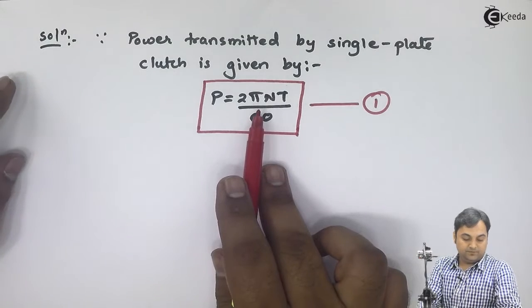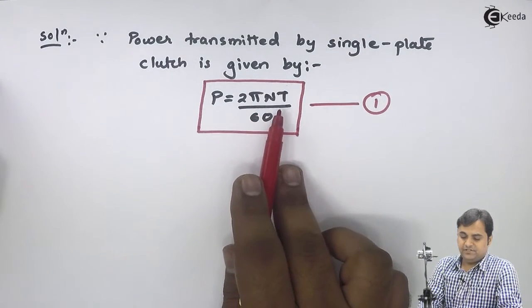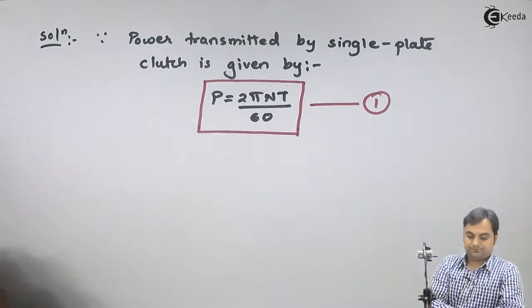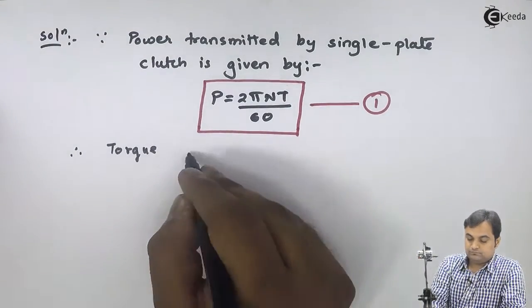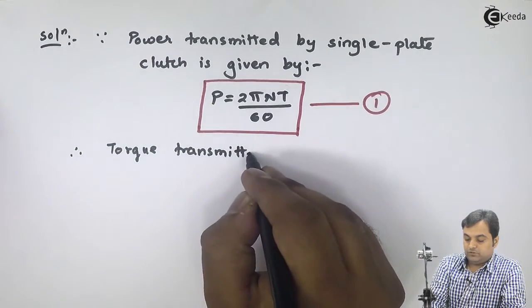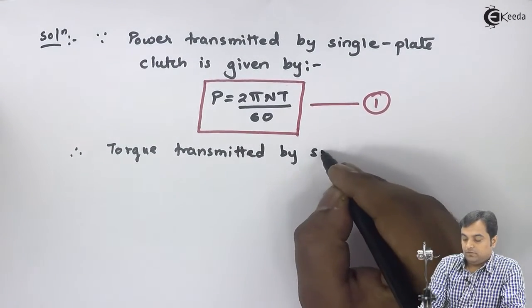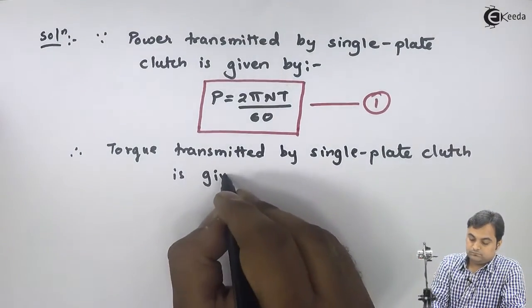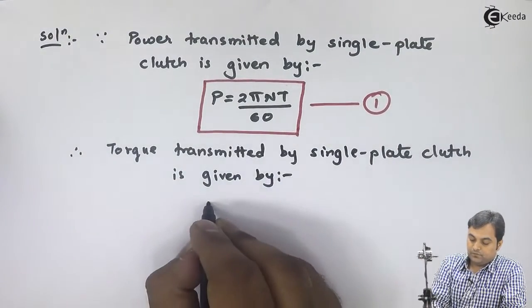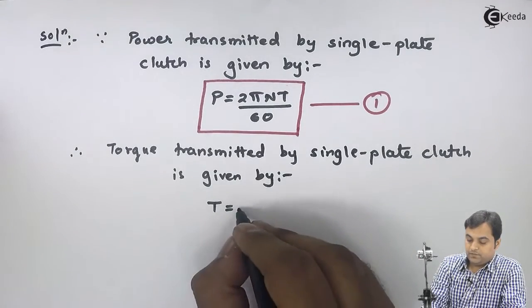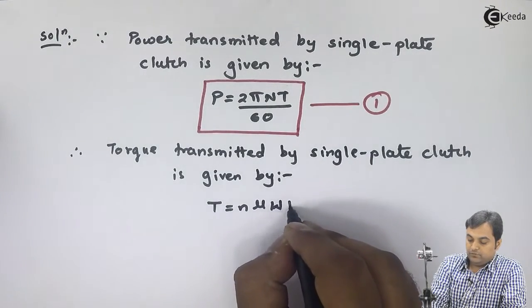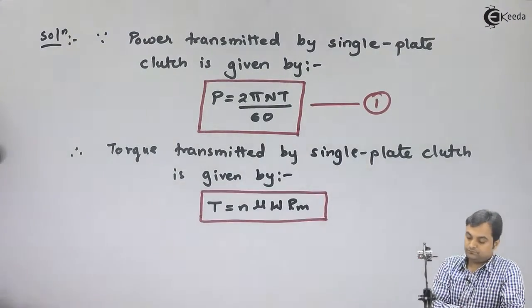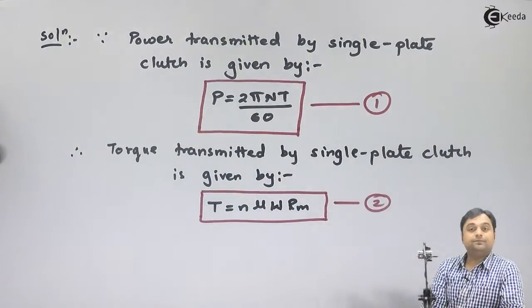Now RPM is given in the problem, it is 700. Only unknown is torque. If I can get the value of torque, I can calculate power. Therefore, torque transmitted by single plate clutch is given by torque T is equal to n mu W Rm. I'll give this as second equation.